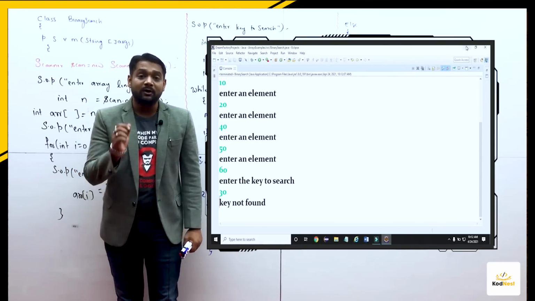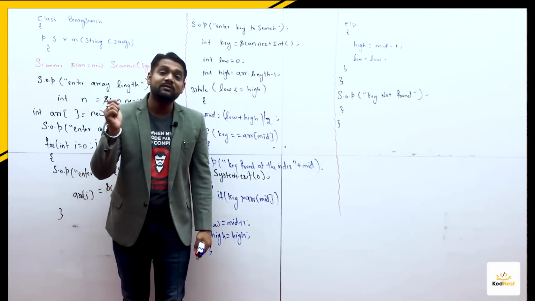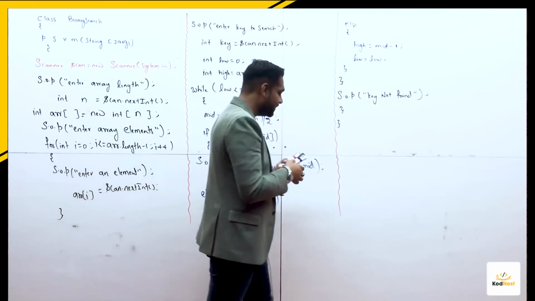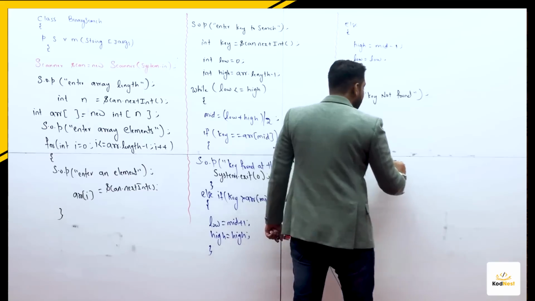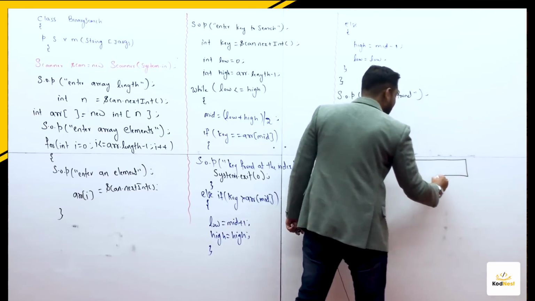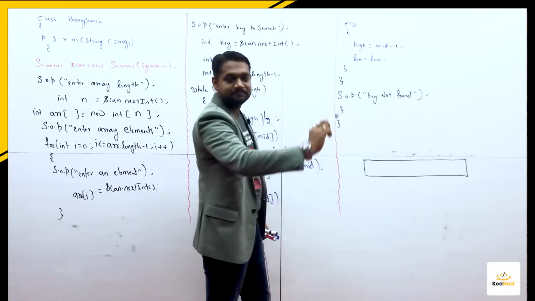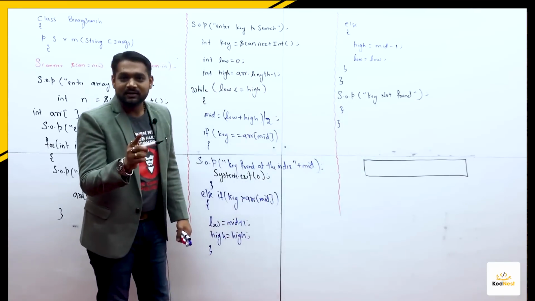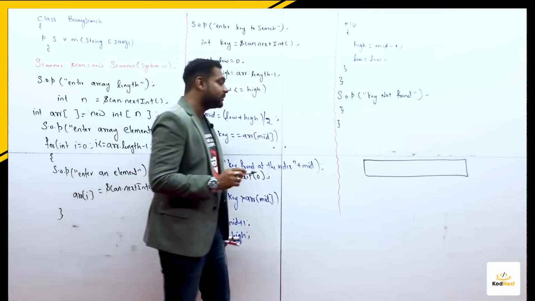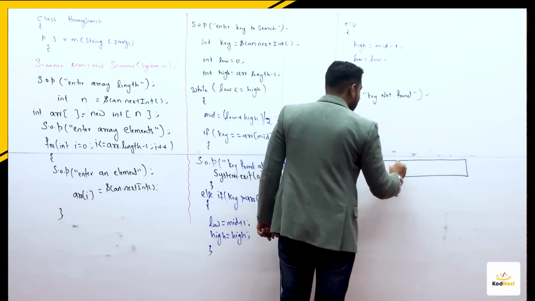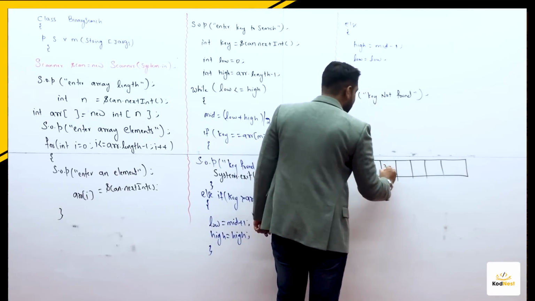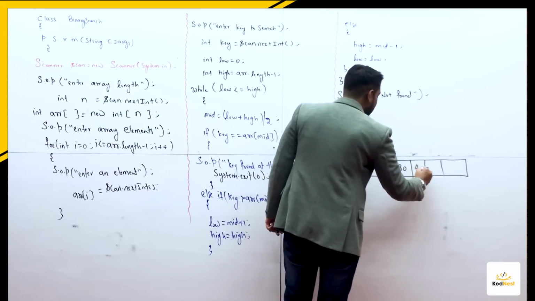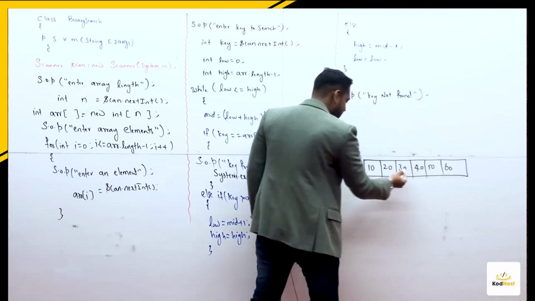Why? Because you have not given the input in the ascending order. Remember this point very, very well. If your binary search has to work properly, I repeat, the input you have to give in the ascending order only, like this.